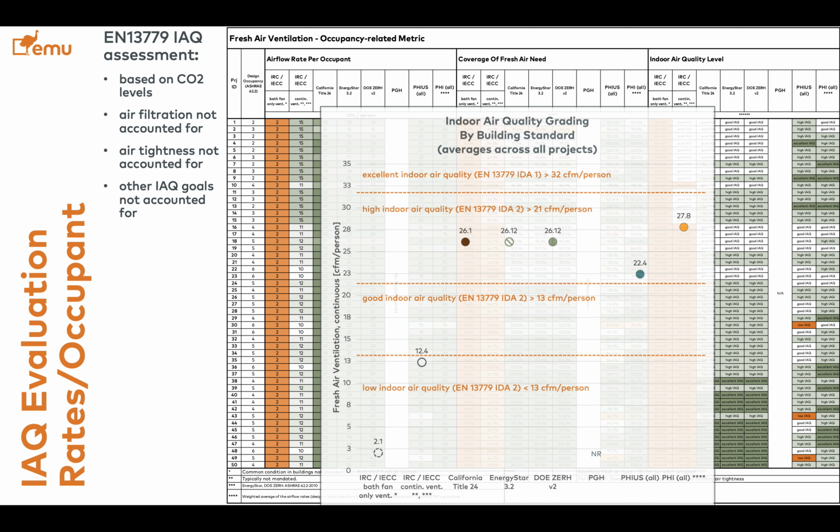And even with the continuous ventilation described by the International Residential Code, we still get low quality of air based on CO2 consumption, CO2 estimation. So this was worth pointing out because it's important in trying to understand how we can get better indoor air quality in our buildings.